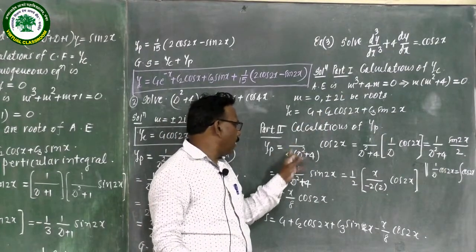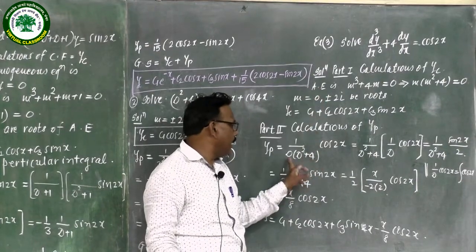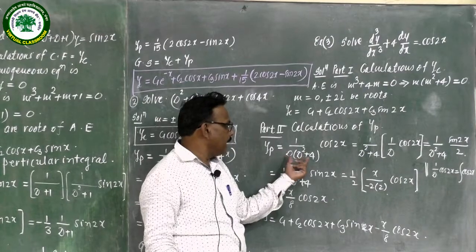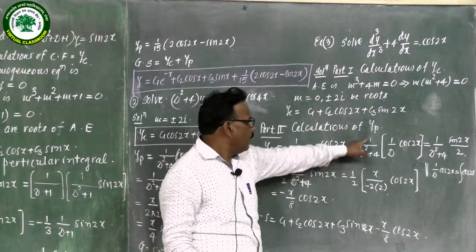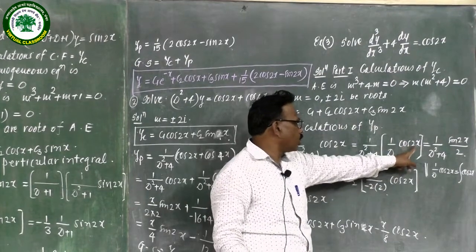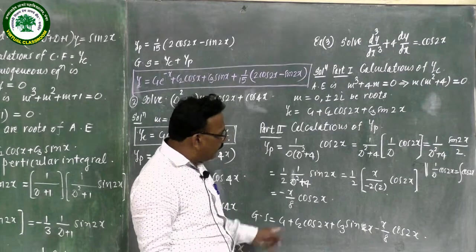You have to take 1 upon f of D, which is D into D squared plus 4, acting on cos of 2x. This will be written separately as 1 upon D squared plus 4, and operate 1 upon D on cos of 2x.